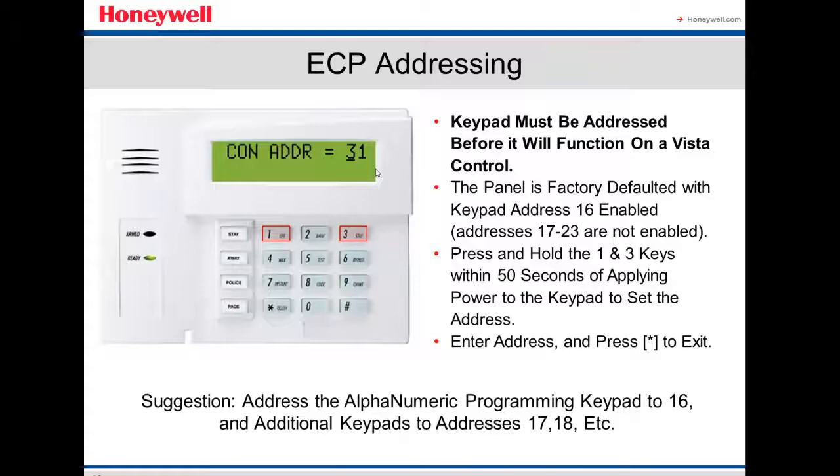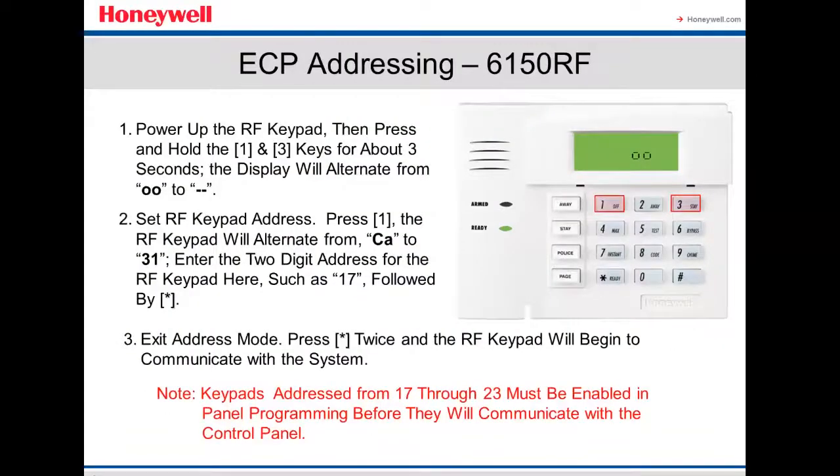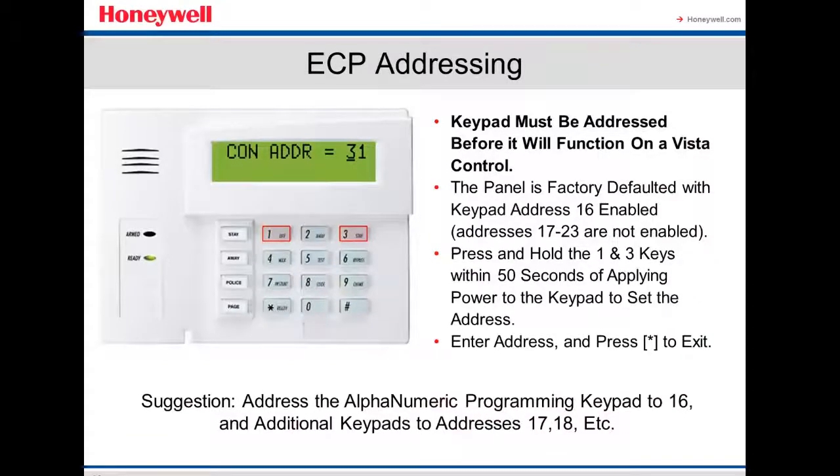Then you change the address and put 16, press the start key, and it's gonna save it. This is the first thing you do, and then from there you can just program your panel, right? This is for the 6160.